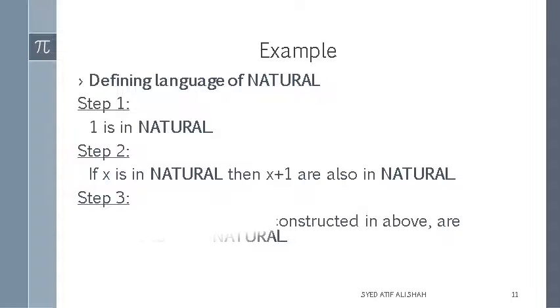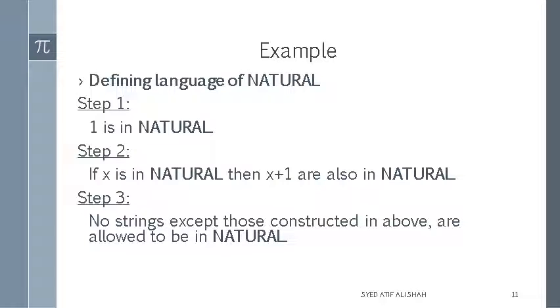Step number 3: no string except those constructed above is allowed to be in the natural numbers. So this is a 3-step procedure. In step number 1, we define some basic value. In step number 2, we define some rules. And in step number 3, we only accept the strings that are generated in step number 1 and step number 2.